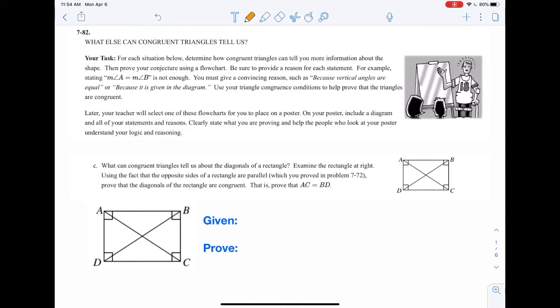So what is given to us? Well, in this case, I'm going to help you out with that. What's given is that ABCD is a rectangle. And what we're trying to prove is that diagonals are congruent. So that is, segment AC is congruent to segment BD.